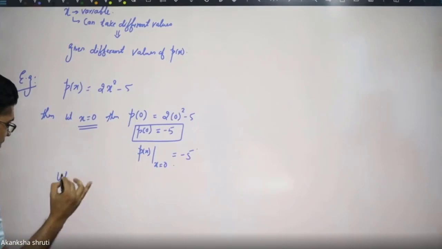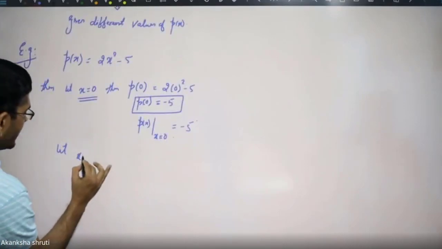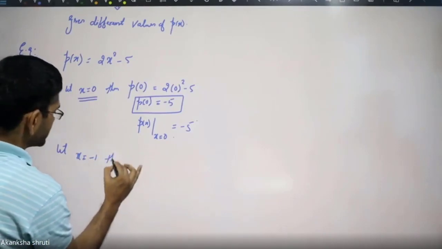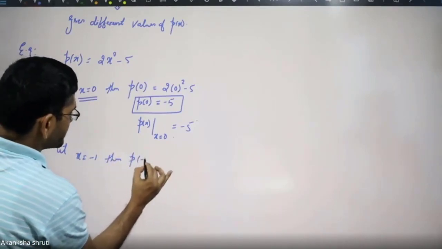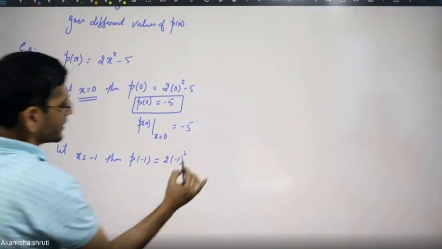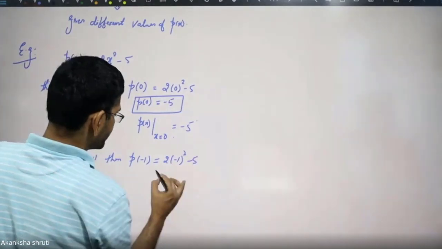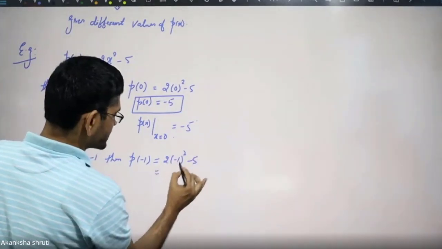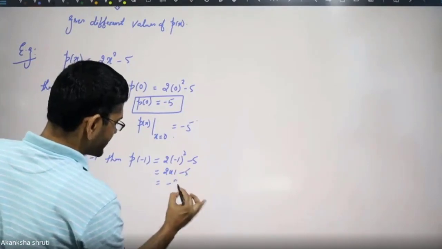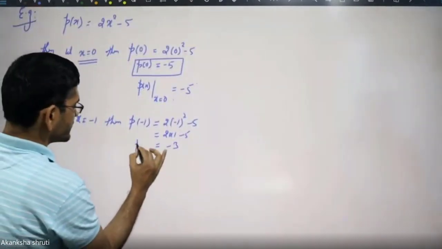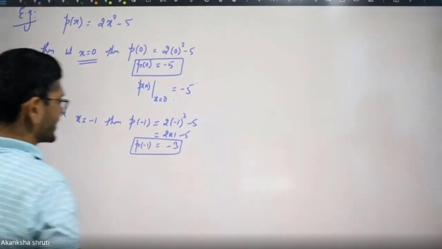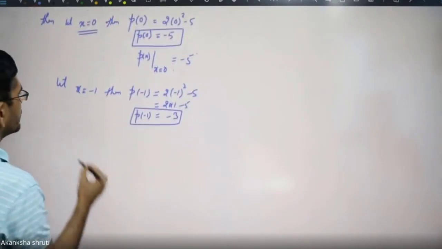If we are taking the value of x as say minus 1, then p(minus 1) is 2 into minus 1 square minus 5. Minus 1 square is 1, so 2 ones are 2, minus 5 is minus 3. So this is the value of polynomial p(x) at x equals to minus 1.